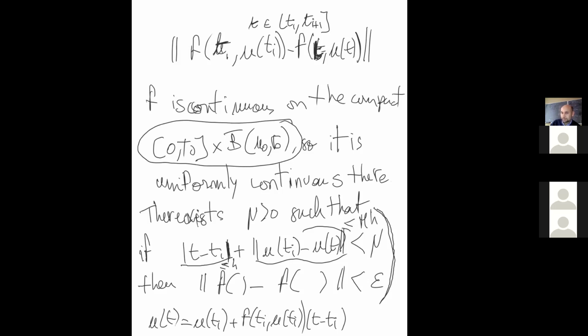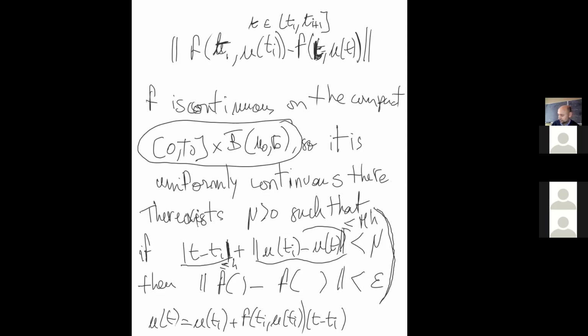Voilà, c'est la norme définie sur cet espace, cet ensemble compact, est définie par cette forme-là. La valeur absolue de T moins TI plus la norme de I de TI moins I de T. Si le couple T de T, voilà, TI, I de TI satisfait que sa norme est inférieure à mi, ça donne automatiquement que la norme de F2, premier couple moins F2, deuxième couple, est inférieure à epsilon.